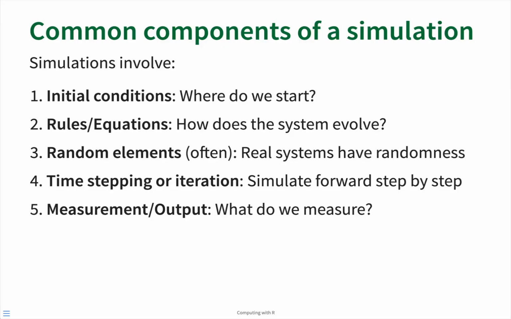So in the coin flipping example, right, the rule is that the coin gets flipped. Then there can be random elements. It's not mandatory that there's randomness in your model, but if you want to get a different result each time, which is typically what happens in real life, then you need to incorporate randomness.